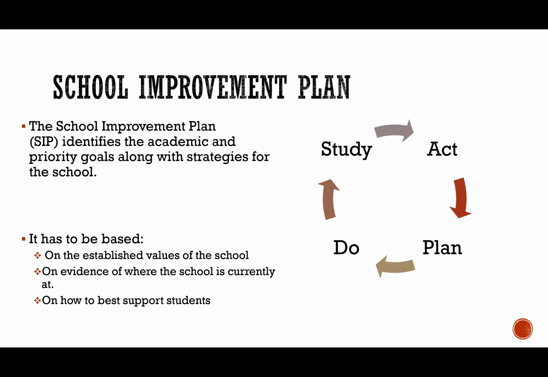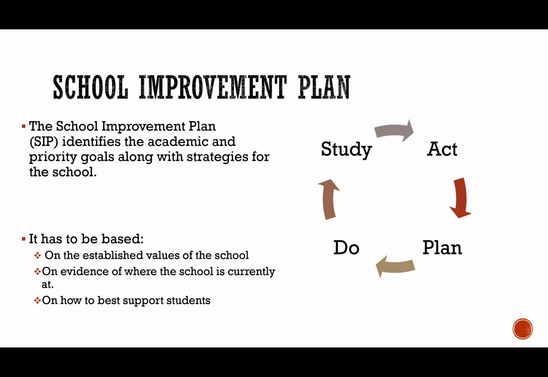The building blocks of the school improvement plan have to be realistic, have to take into account where the school is currently at, and then to design further improvement plans.